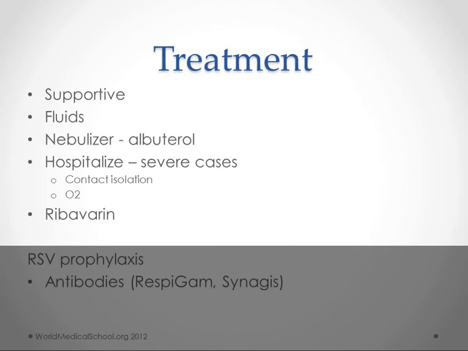But there's no good evidence that it prevents any long-term complications. We can also do some RSV prophylaxis during the winter months, especially for some of the hospitalized kids with heart conditions and immunodeficiency conditions that would make them more likely to get RSV.